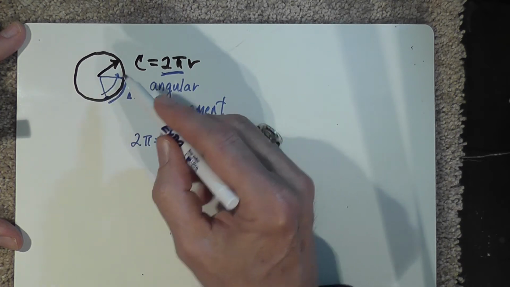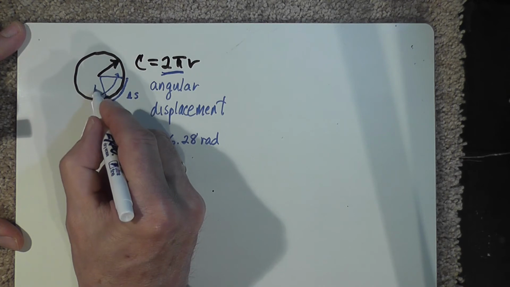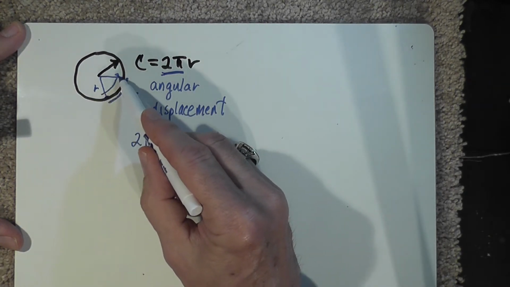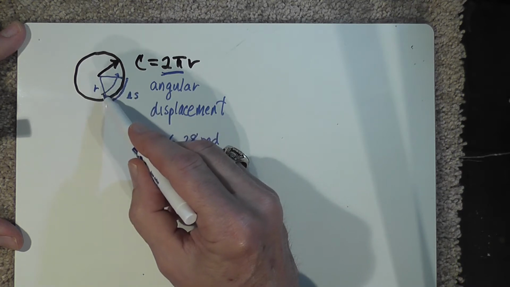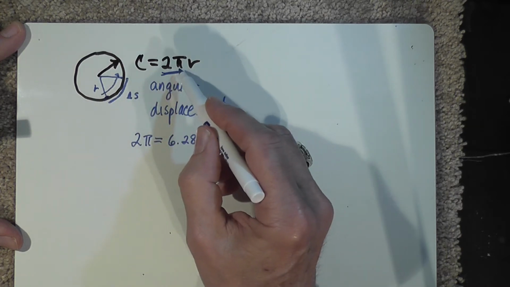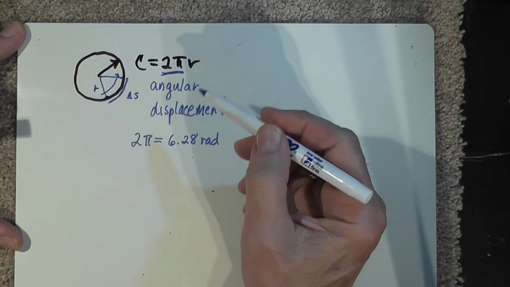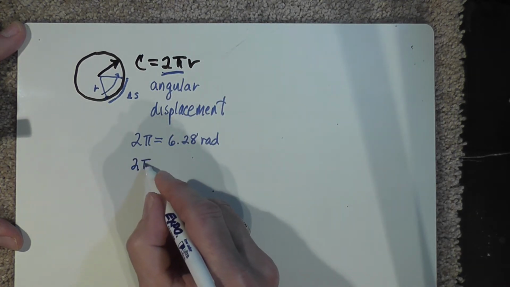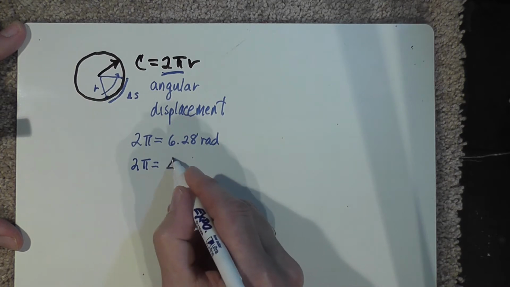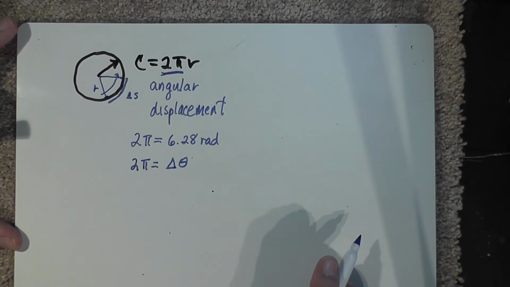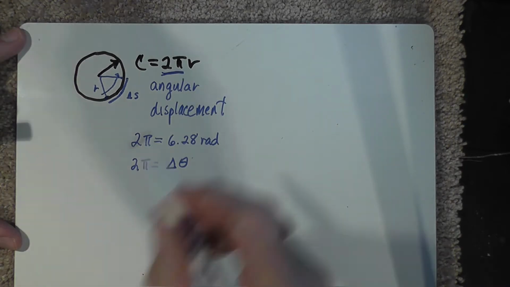We have a delta S. We also have an R. And then we also have this angular displacement as we move from a certain beginning position to an ending position. So that 2 pi is going to translate to our delta theta. So 2 pi, we're going to call that delta theta. And then we have the R.